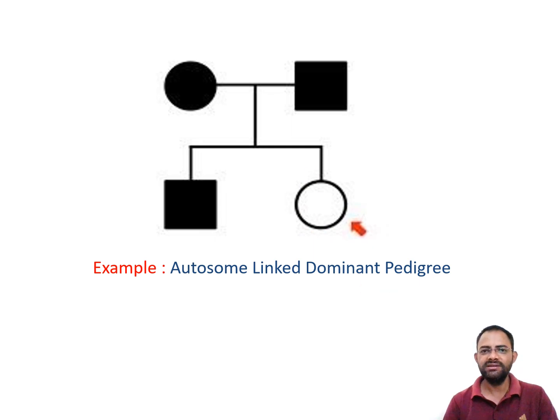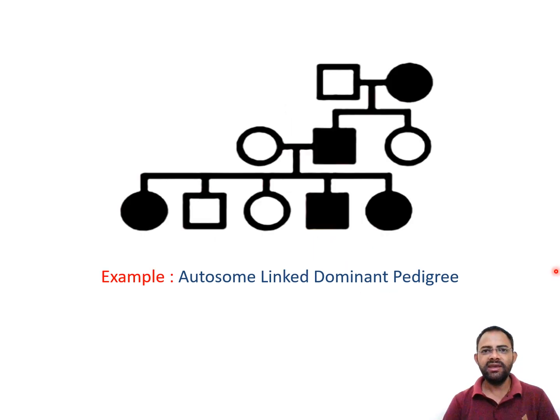The next example: here again the traits don't skip the generations, meaning they are present in all generations. When an affected person mates with an unaffected person, approximately 50% of their offspring are affected. In this cross, one child is affected while the second child is not affected. It means 50% of the offspring of this cross are affected.